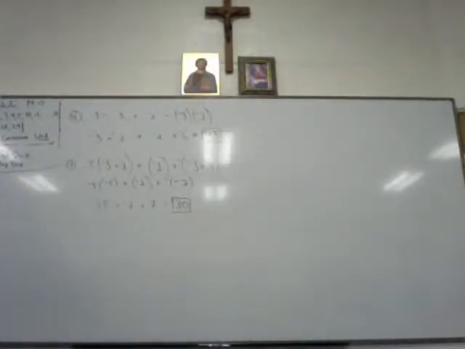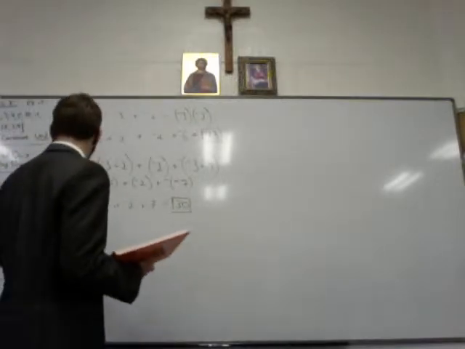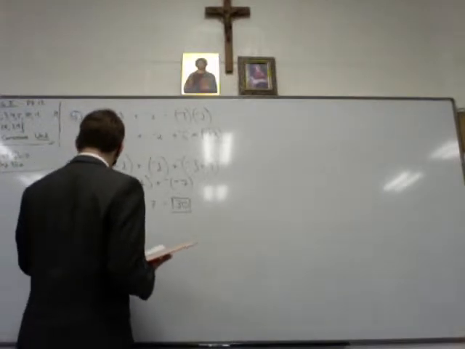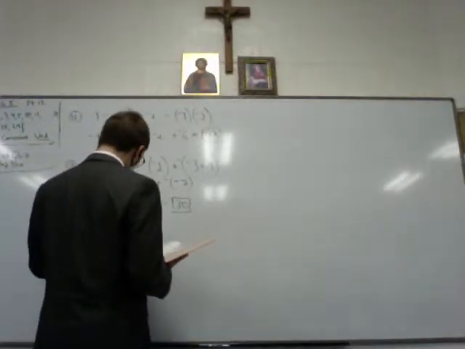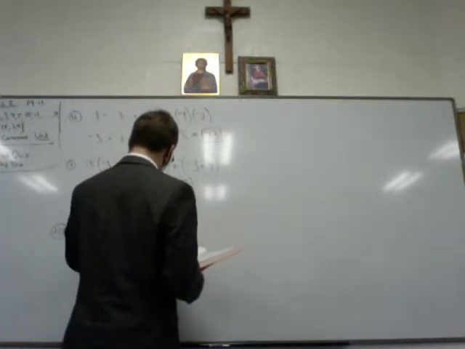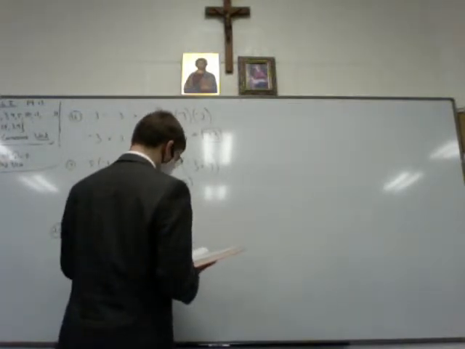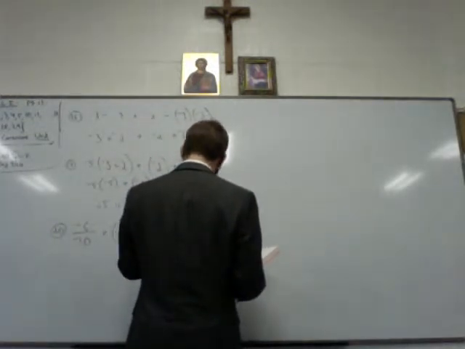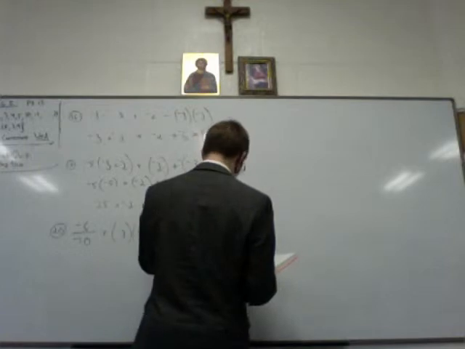Number 20 is a good one: negative 6 over negative 10, plus parentheses negative 3 parentheses negative 2, plus 3 pipe negative 4 minus 2 pipe.